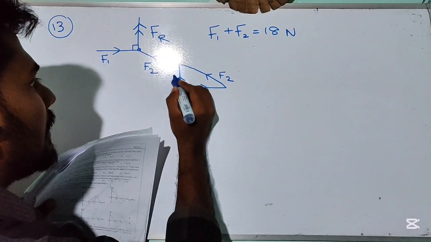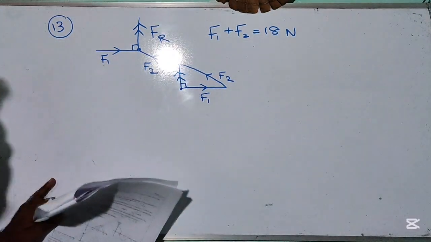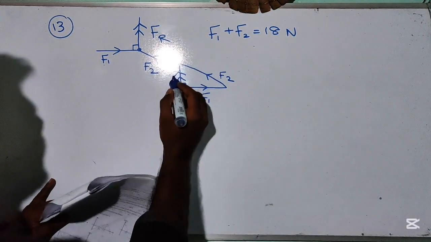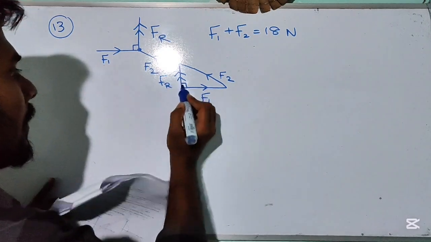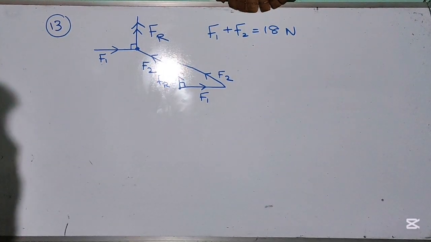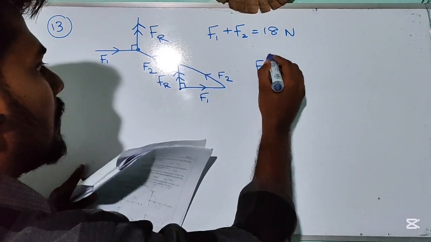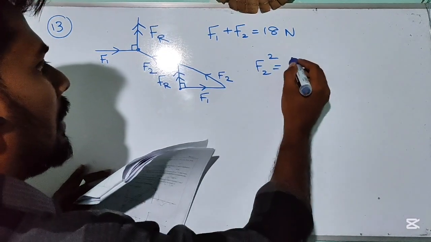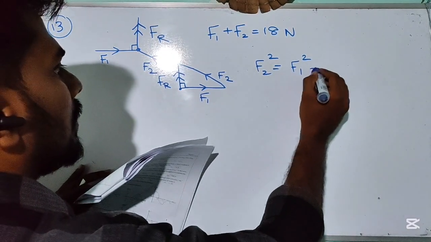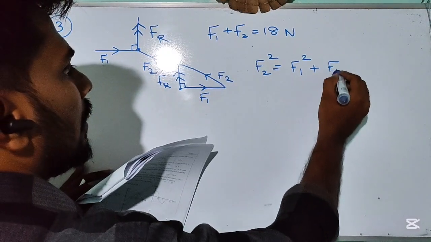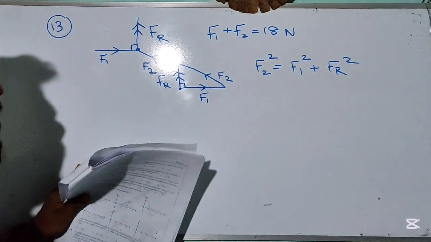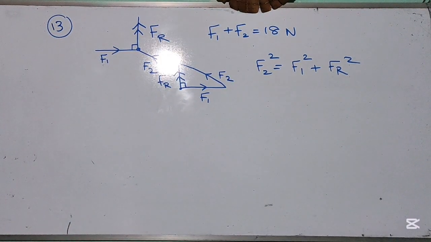This force is the resultant one. Okay, if you use the Pythagorean theorem, we know F2 squared equals F1 squared plus Fr squared. Okay, this is the case.